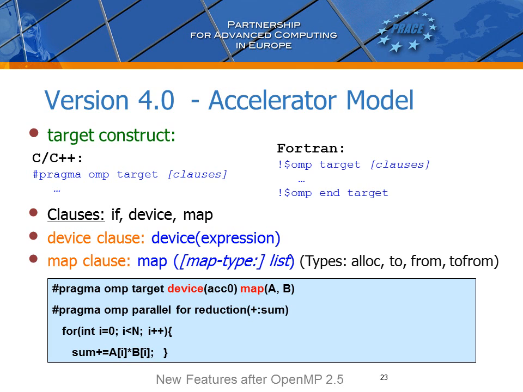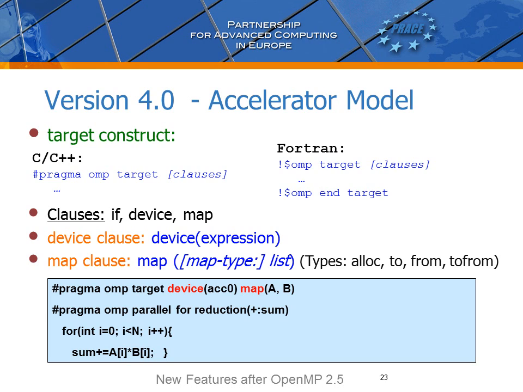The target construct is the main construct. Clauses are if, device, and map. When there is an if clause and it evaluates to false, the target region is executed by the host device. The device name is specified in the device clause.